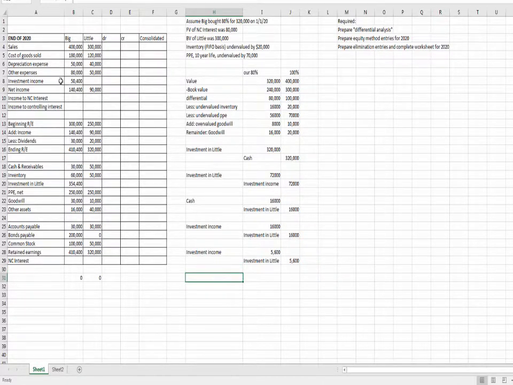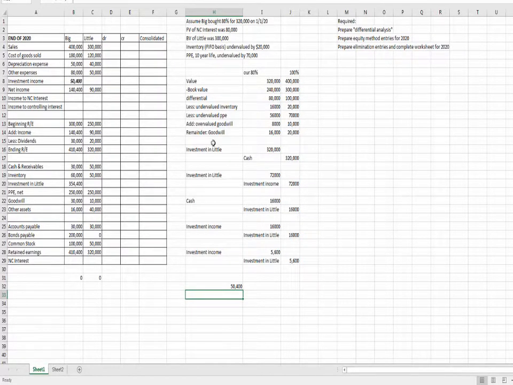Now, just to confirm this investment income number of $50,400 in our worksheet, let's go ahead and add up our investment income as we've recorded it here. So basically what we had was our share of the reported earnings, credit to the investment income, that's positive, minus that debit to investment income, minus that next debit to investment income. $50,400, which matches this, which is, again, a sign that we're doing this properly.